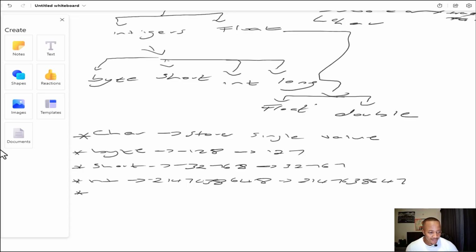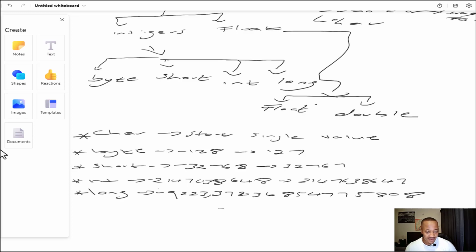Then you have your long. This one, I don't even know what this number is. It's extremely large. I think it's from 9 quintillion, whatever that number is, minus 9,223,372,036,854,775,808.